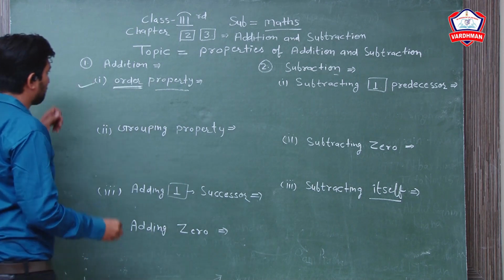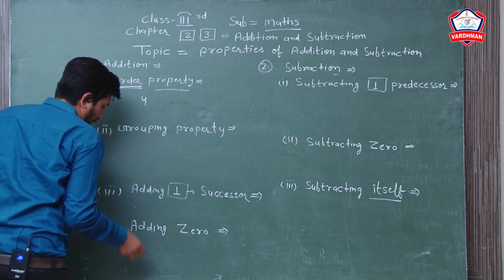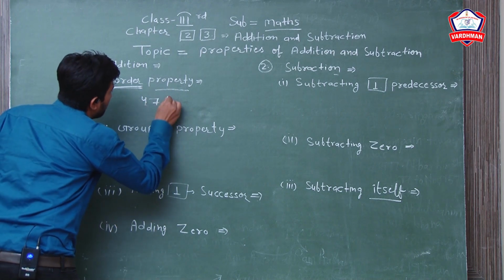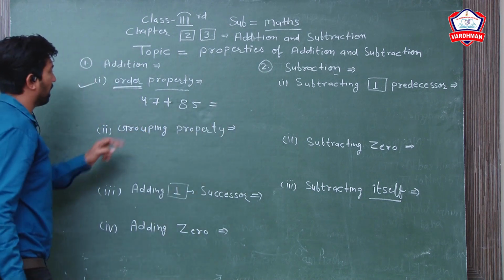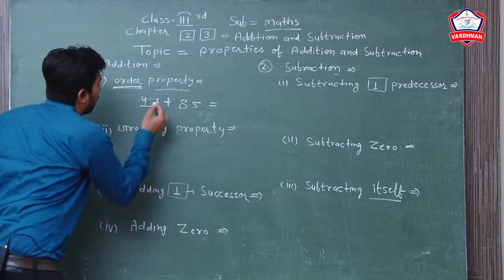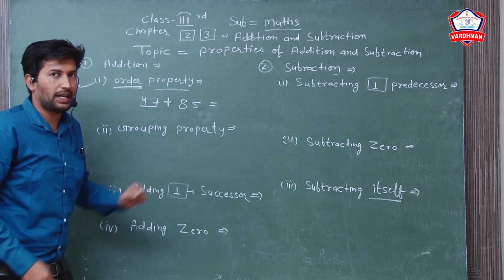Like, if you add 47 by 85, 47 is your first number and 85 your second number.